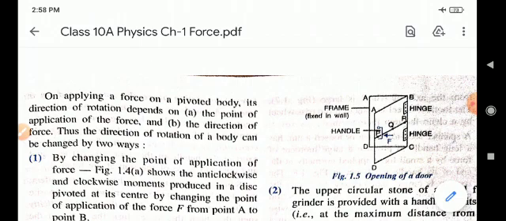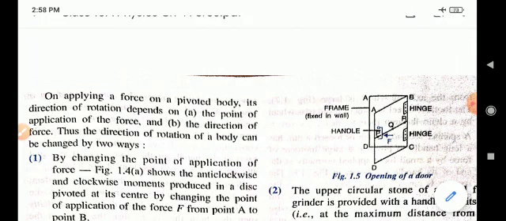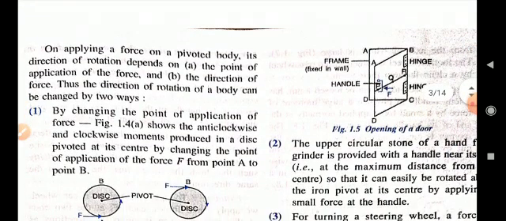Thus, the handle P is provided near the free end of the door, so that a smaller force at a larger perpendicular distance from the hinge produces the maximum moment of force required to open or shut the door.